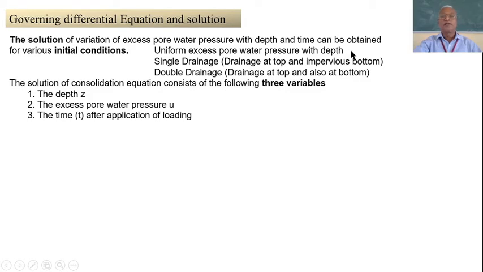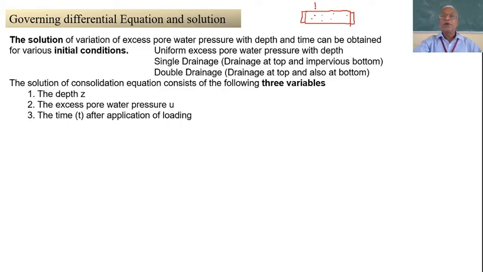I'll explain. If I try to show it in the form of a sketch, suppose this is soil, all saturated soil confined in some container, and the cross section of the container will be something like this.